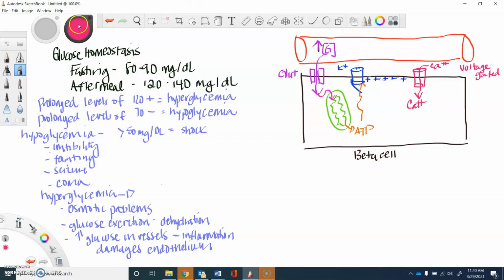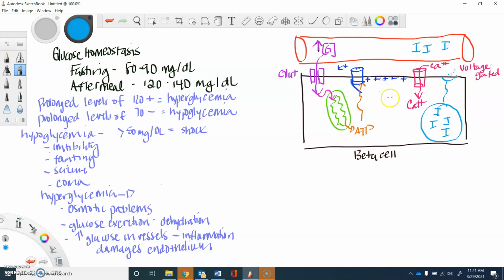Well, inside the beta cell are vesicles. So I'm just going to put a giant vesicle, and inside the vesicle is insulin. And what happens when calcium comes in? It makes vesicles go through exocytosis.